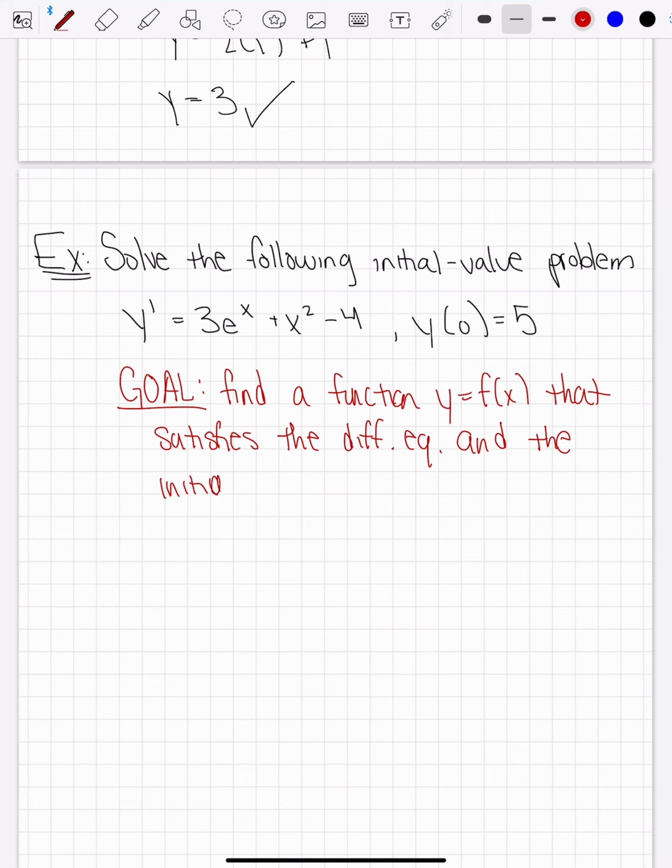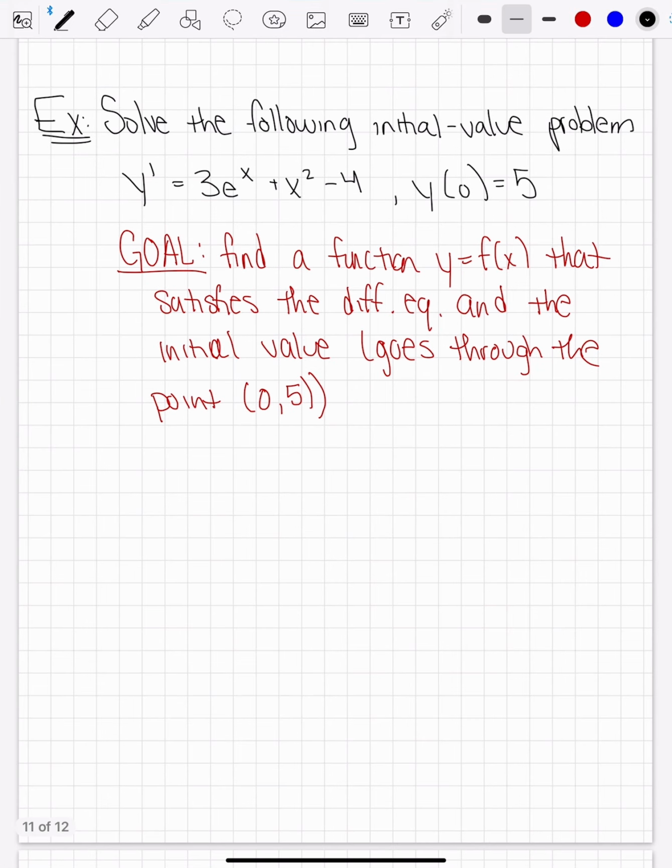So it goes through the point at the initial value. When x is 0, we want it to be a 5.